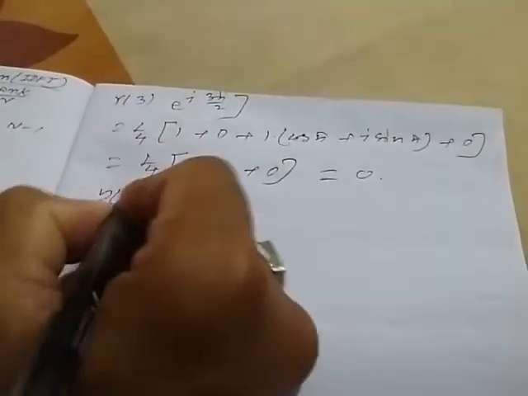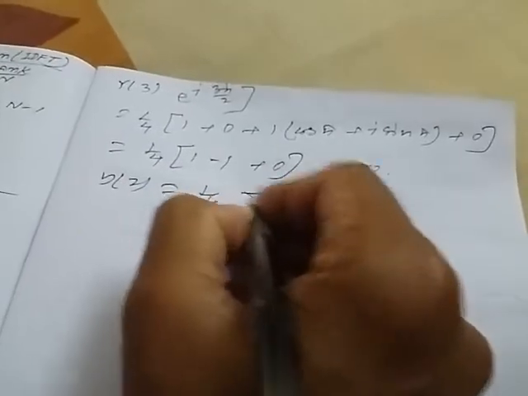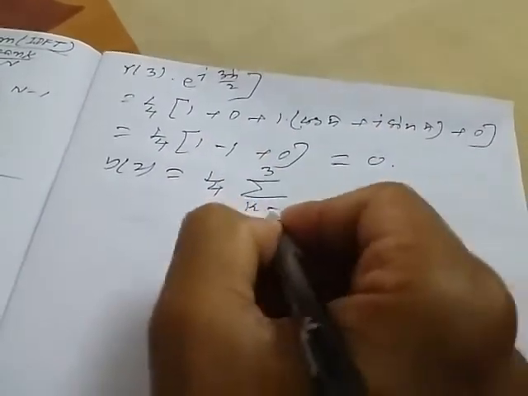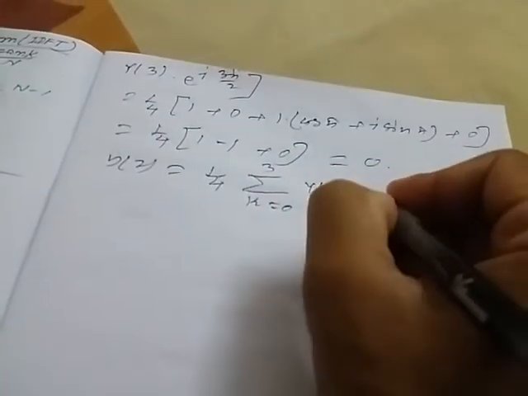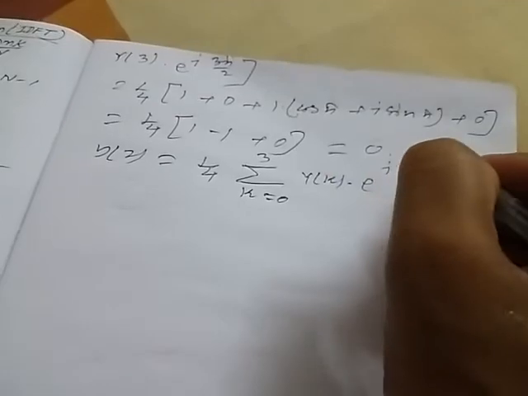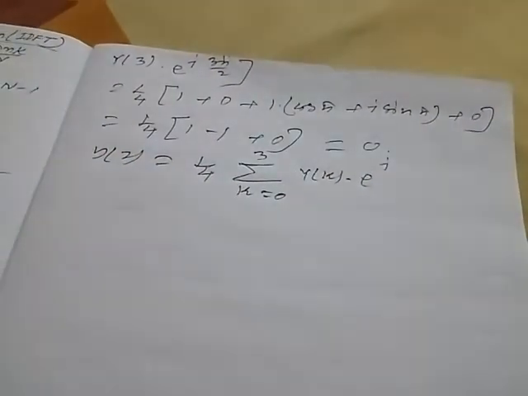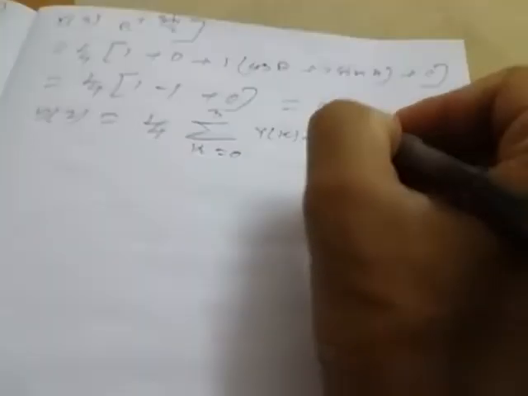Now y2 is 1 by 4 summation of k equal to 0 to 3, Y of k into e to the power j, putting n equal to 2, the 2 cancels, so this will be j pi k.